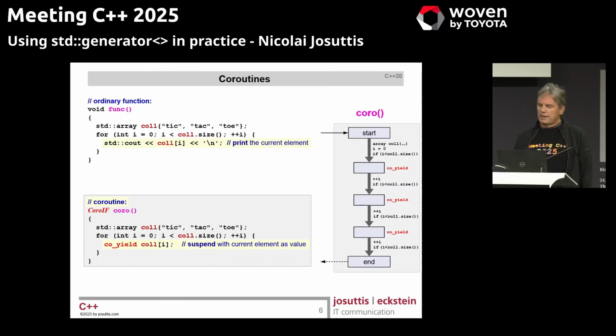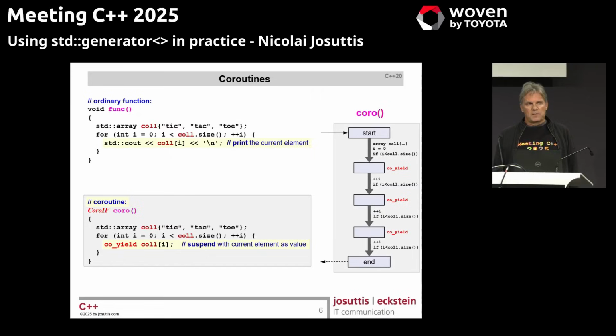Let's start with the body. The body uses one of these keywords we have, and this keyword says suspend with the next value. It's yield a value, and when we yield that value, that will suspend the coroutine.